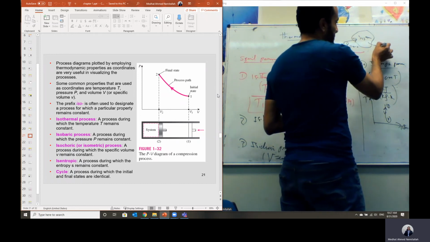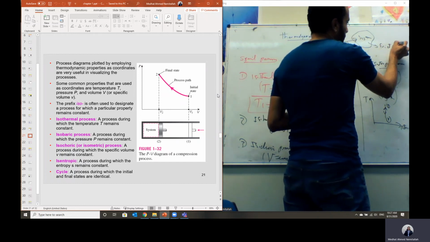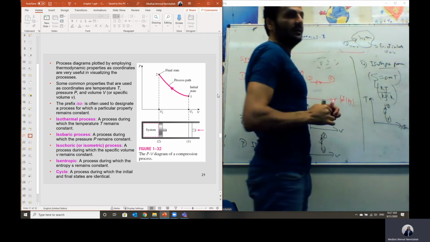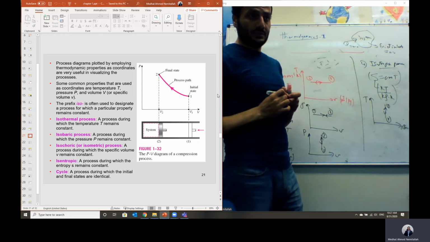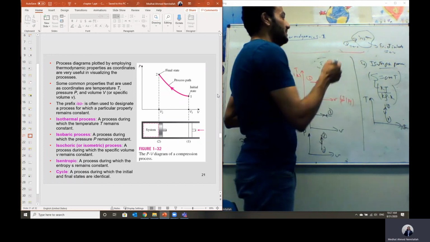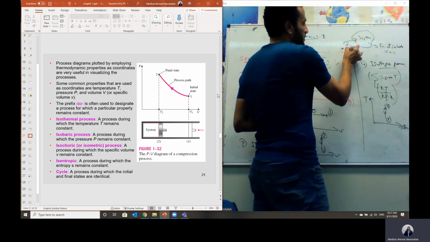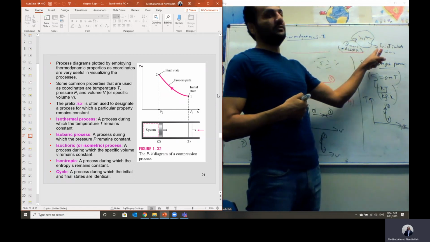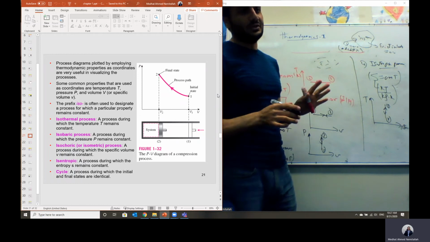In this case, the system should be frictionless, or friction equal to zero. So to have an isentropic process, the system should be adiabatic, Q equal to 0, and also without friction. This is an imaginary process.